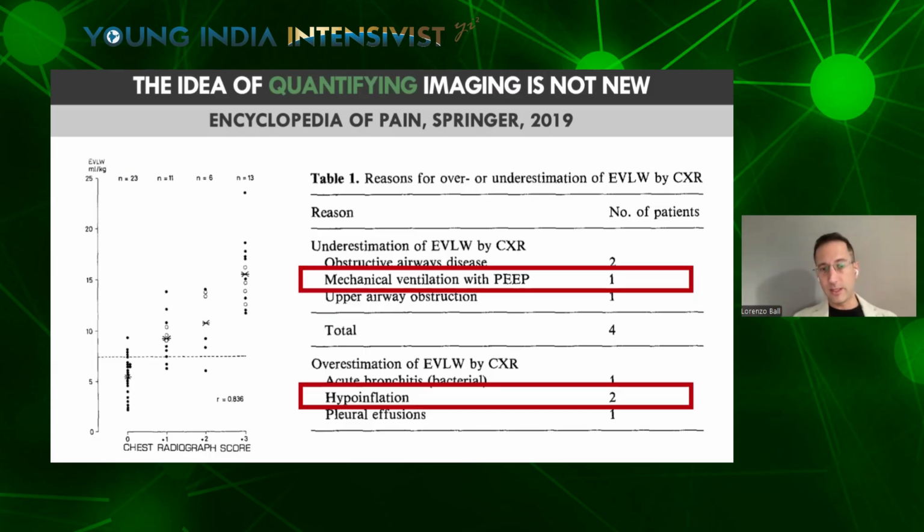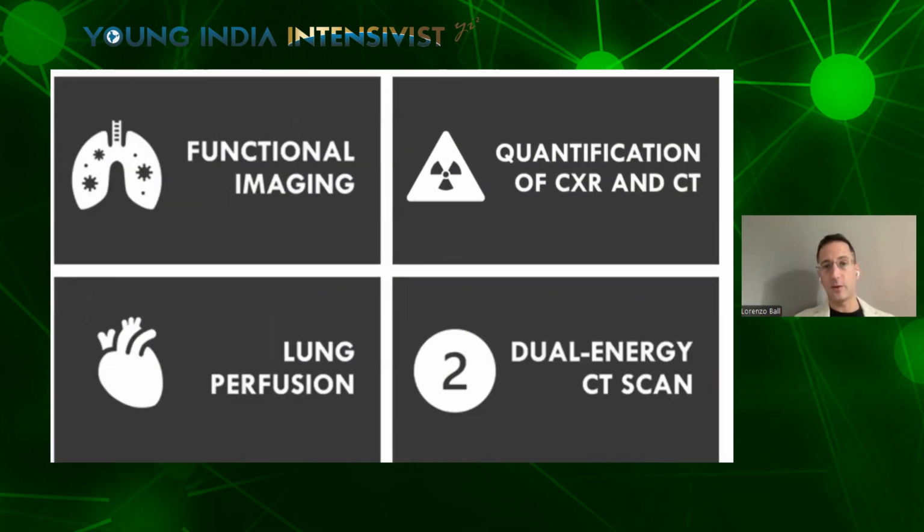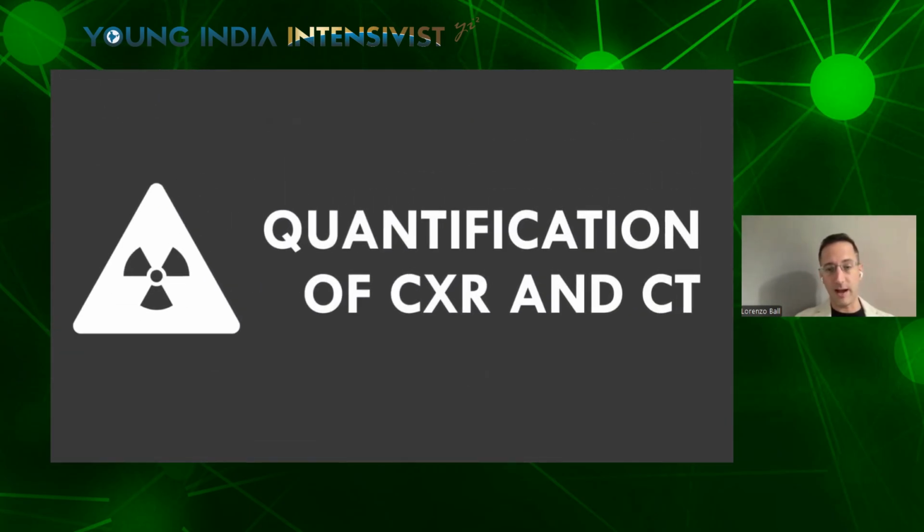So, talking about this very early paper, we can start from there. We can start from how we quantify the extension of lesions and also the effects of what we do with our mechanical ventilation strategies, either invasive or non-invasive.